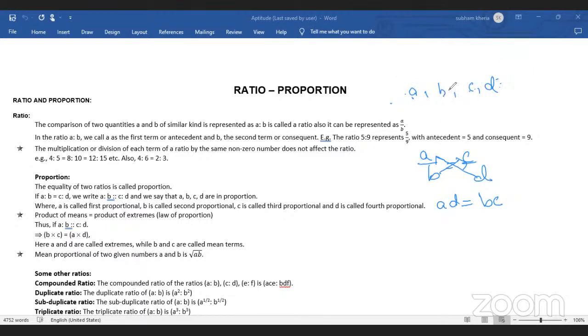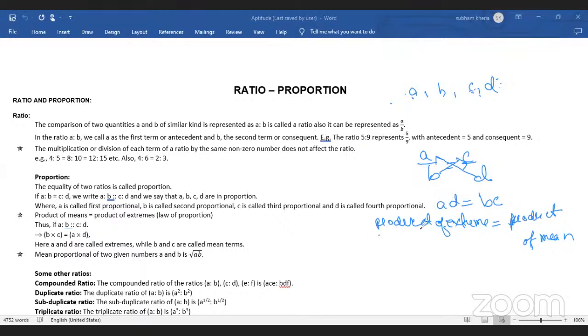And B and C are the middle terms. So I can say that in a proportion, the product of extremes is equal to the product of means. Product means multiplication. So this is also a way to represent it. All these are different ways to represent it, but they all mean the same thing.